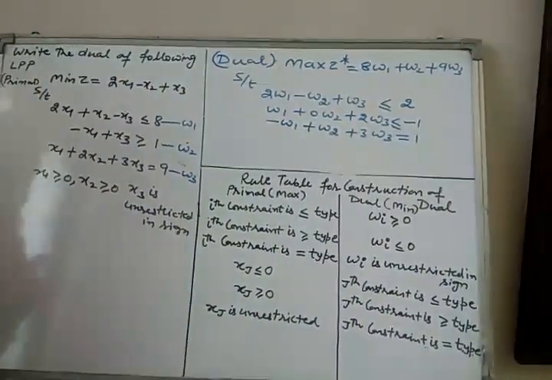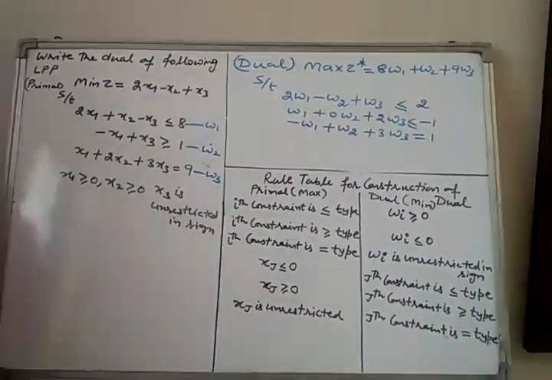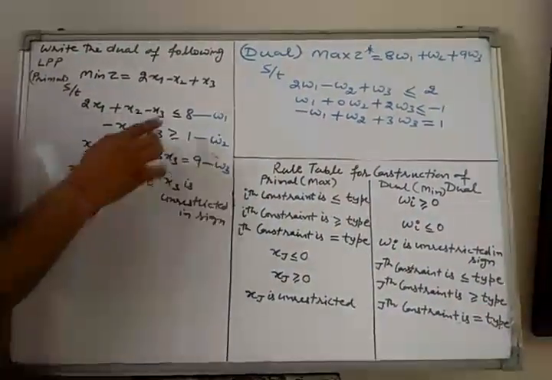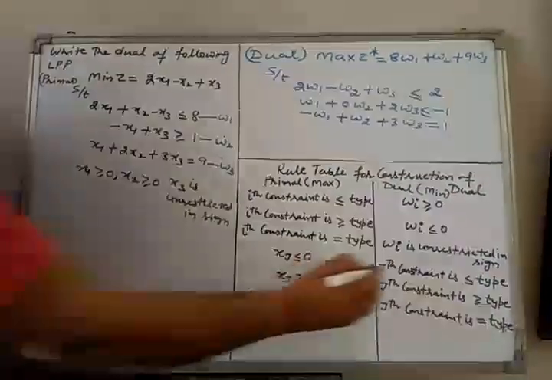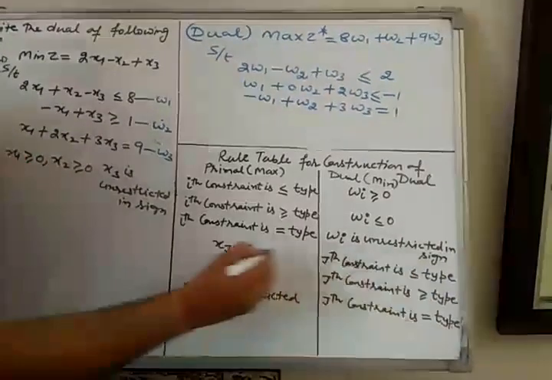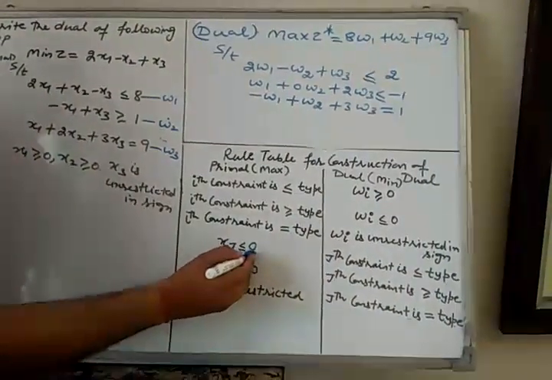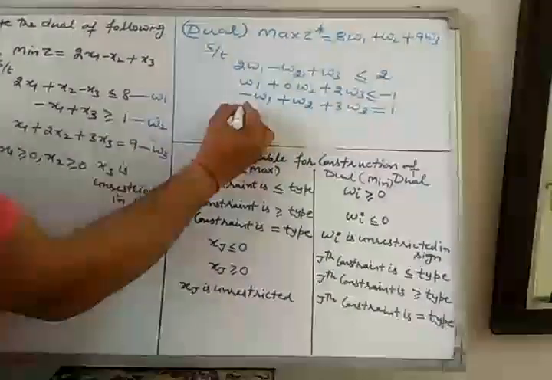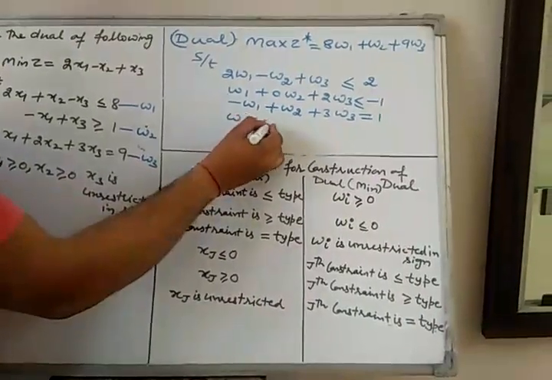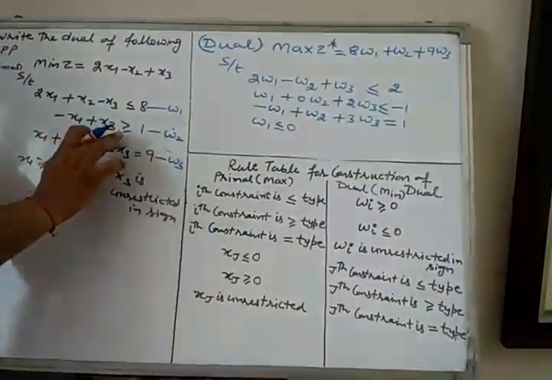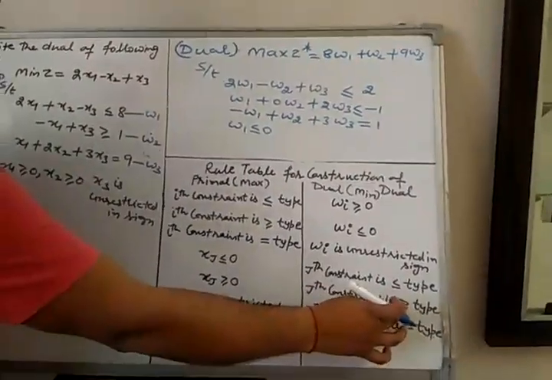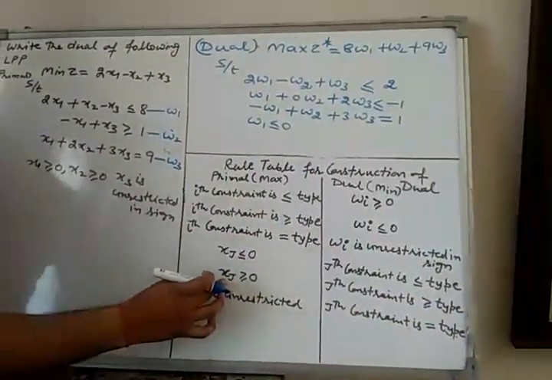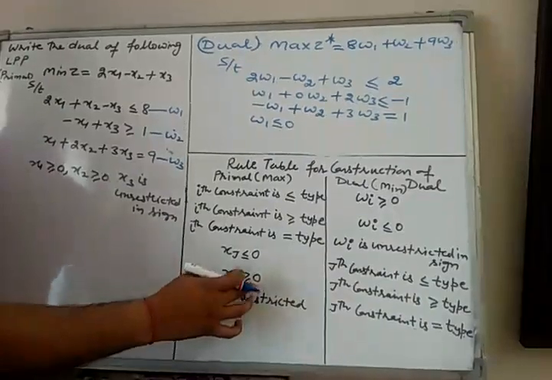Now we decide the sign of the dual variables W1, W2, W3. The first constraint is of the less than equal to type. If a constraint is of the less than equal to type, then the dual variable is less than equal to 0. Therefore, W1 is less than equal to 0. The second constraint is of the greater than equal to type. If a constraint is of the greater than equal to type, then the variable is greater than equal to 0.